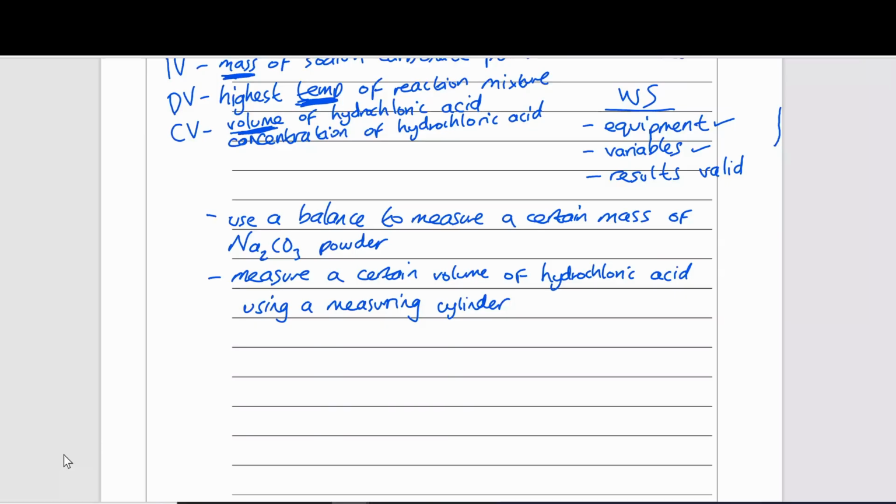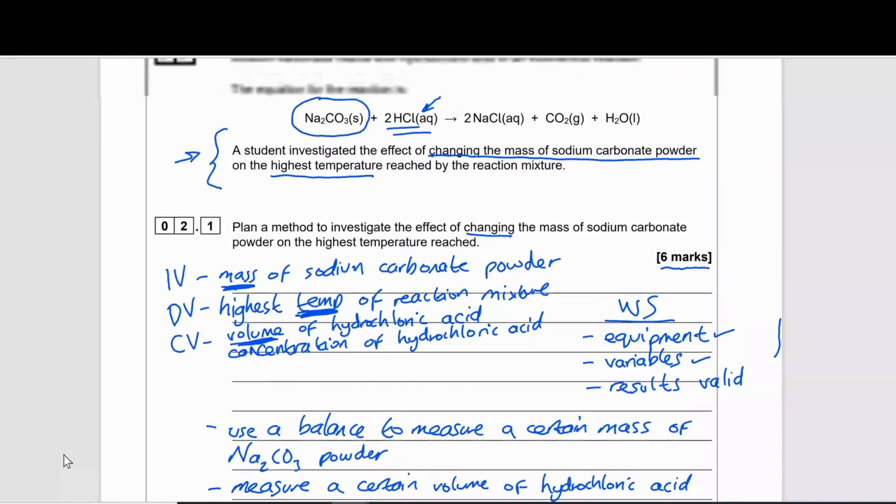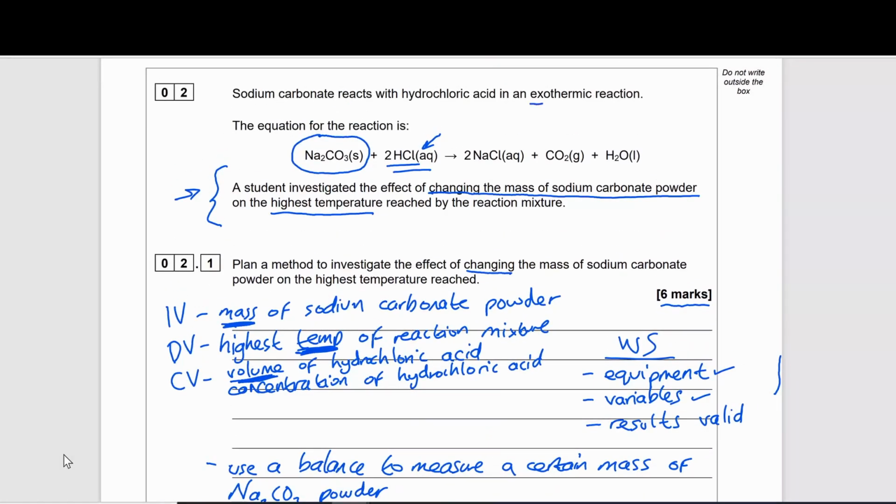in? We have to think again that we are going to be trying to measure the temperature that the reaction mixture reaches the highest. So we want to try and keep all that heat energy, because it is an exothermic reaction as it says.